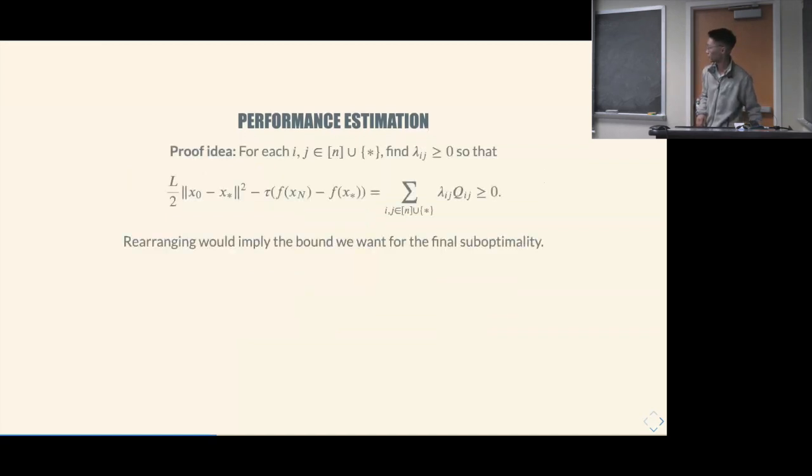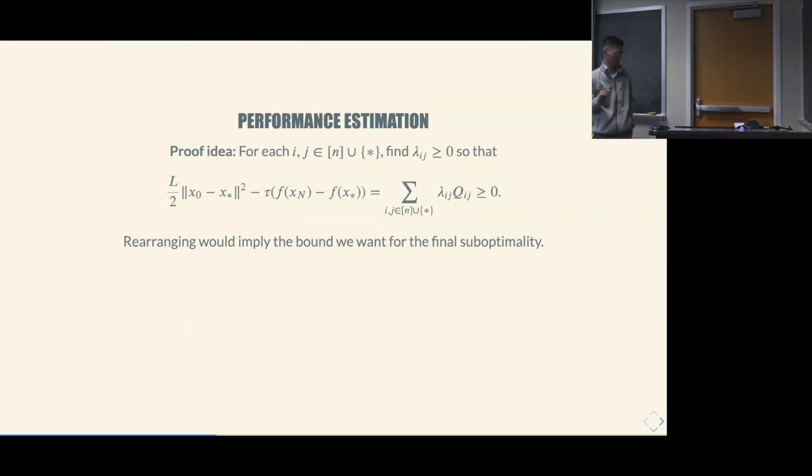So the idea for how we can prove an inequality of this type is to write it as a non-negative combination of inequalities which we already know to be true. Here I have a reformulation of my bound that I want to show. I want to show that this quantity here is non-negative, and I can do that by writing it as an explicit non-negative combination of the desired inequalities.